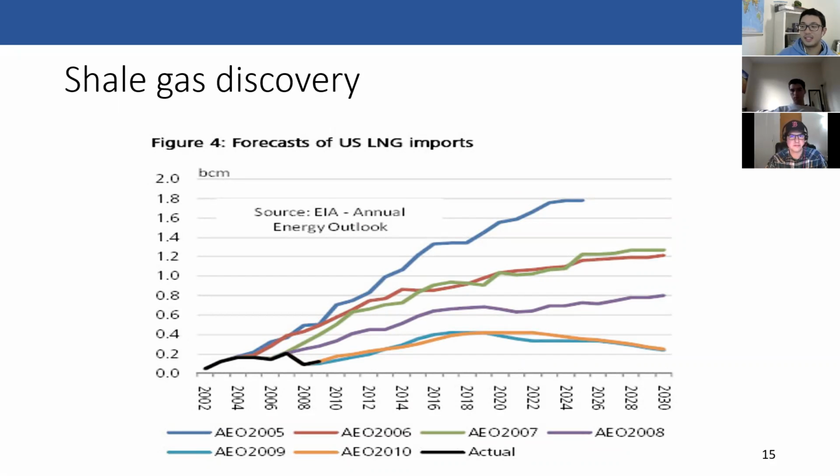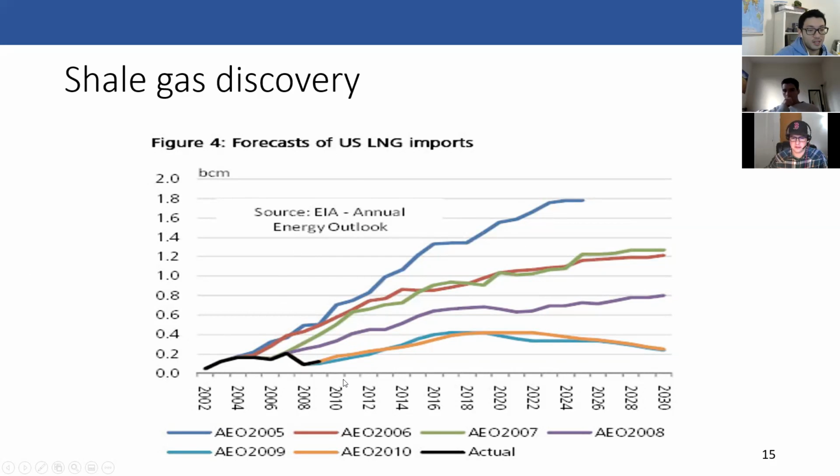Yeah, so this is one of the projections or forecasts coming from the AEO. These are forecasts of imports of natural gas, and prior to the discovery of shale gas, a lot of those projections basically were saying, hey, we're going to need a lot of imports.